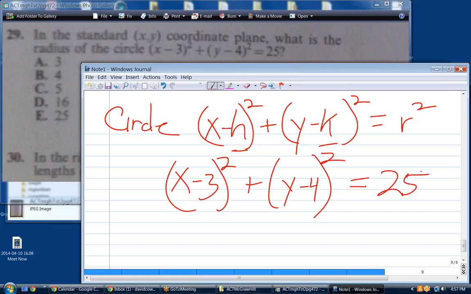What's R? 25. Look again. Would it be 5? Yes. In other words, when you're looking at the equation of a circle, you're never looking at R. You're always looking at R squared.